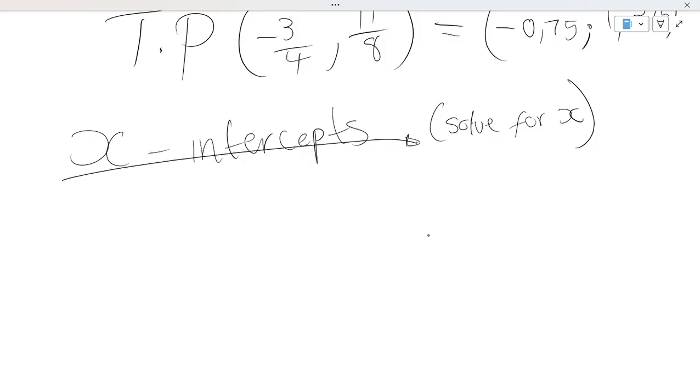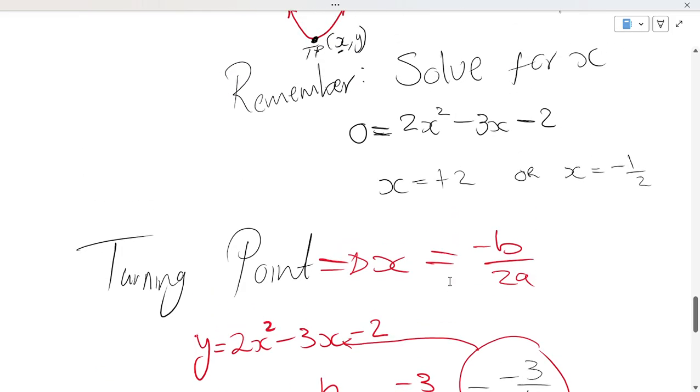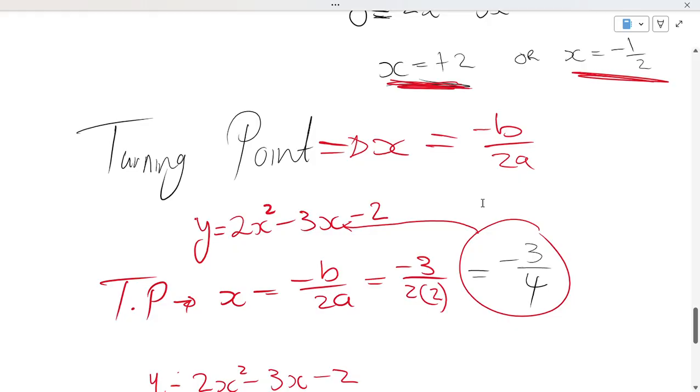So we found that these values here, the two of them, would be our x-intercepts. So we have positive 2 and negative 1/2. How would we plot these points? How would we plot this graph?